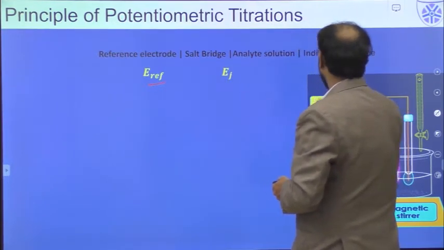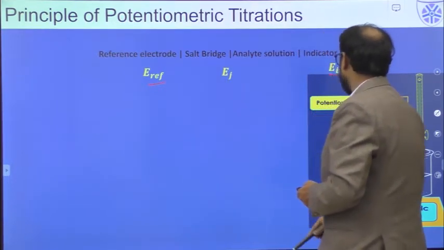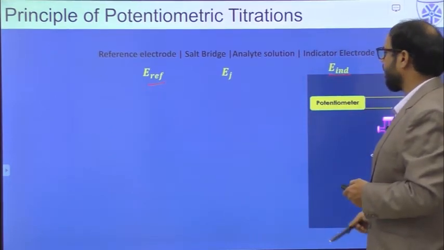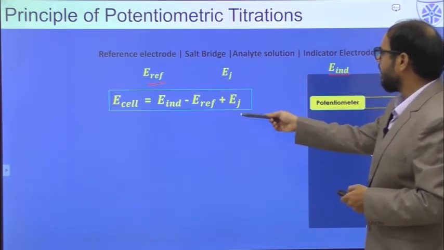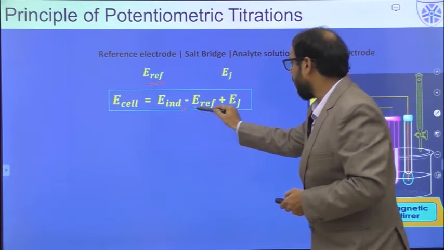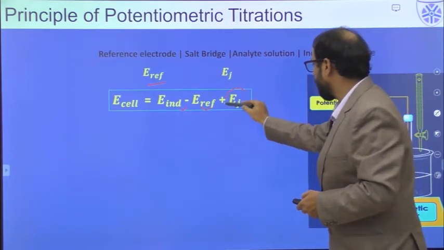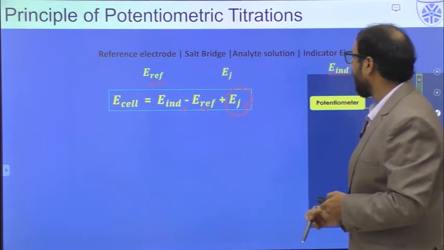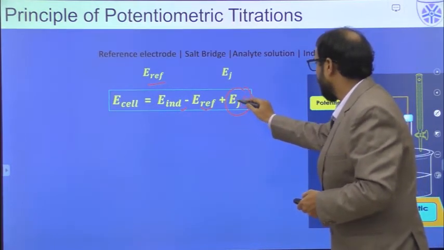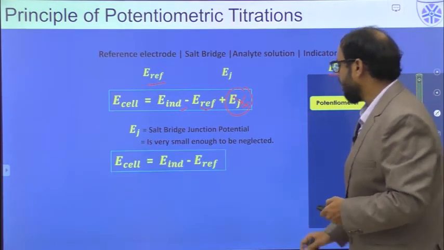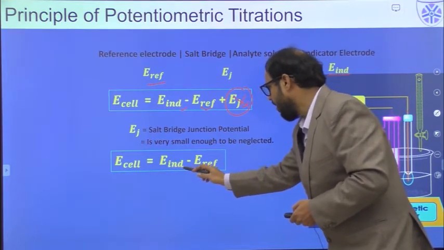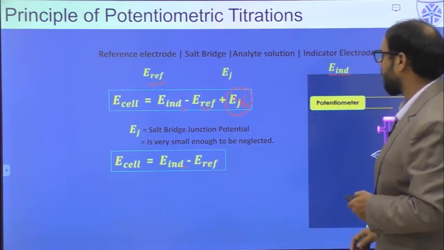We also require an indicator electrode whose potential is E_indicator. E_cell is indicator electrode minus reference electrode plus E_J. Since the potential of the salt bridge can be neglected, we get the final formula as E_cell = E_indicator − E_reference.